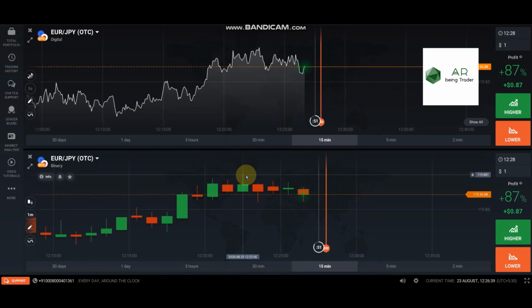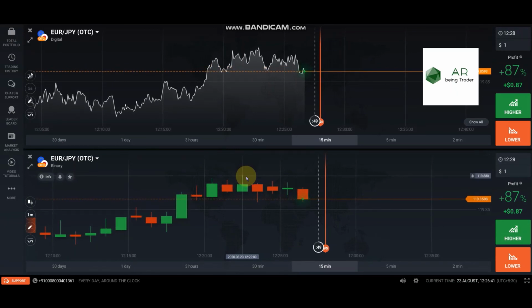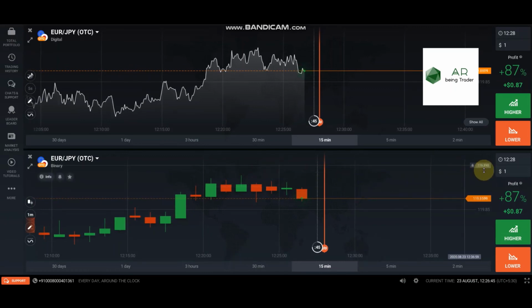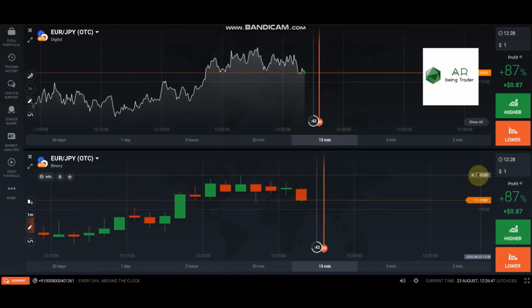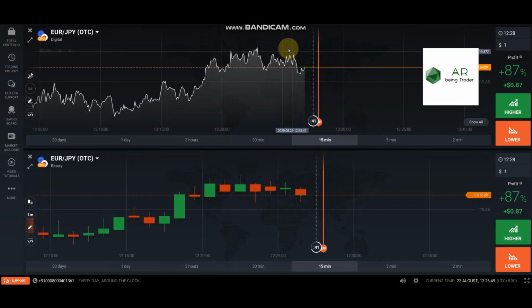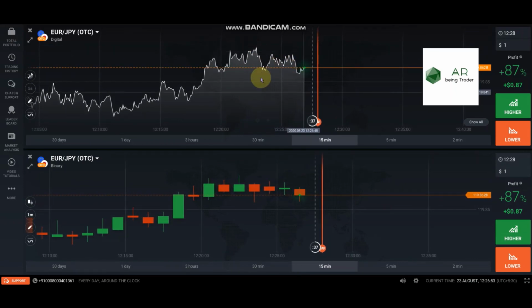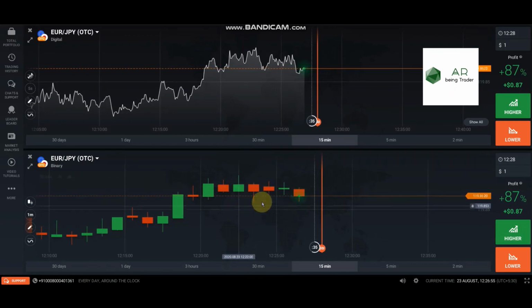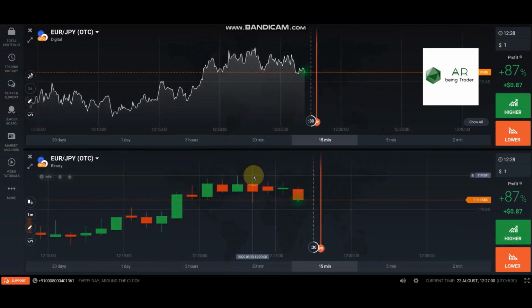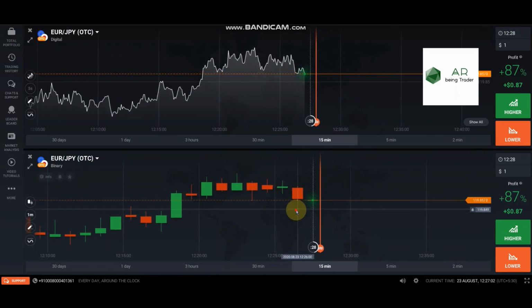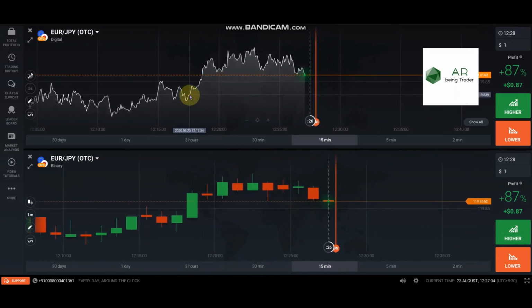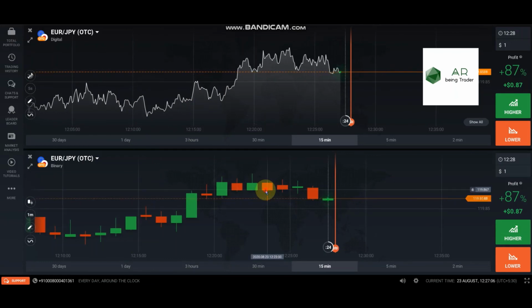It's a Euro JPY chart, and you can see the high made at this point. But it is better and more accurate in candlesticks to see which candle made a high, or whether the market didn't make a high. We can see it in a candlestick. So candlesticks are better compared to bar charts and line charts.